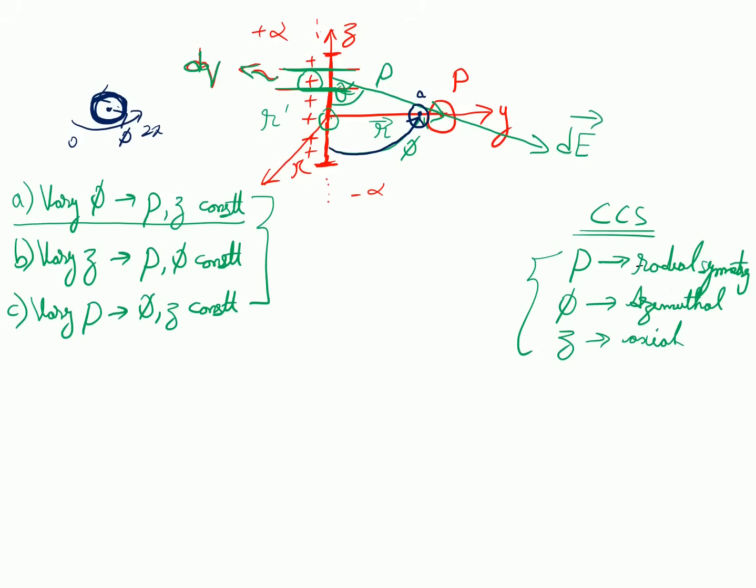So it is not going to affect the value of the electric field. This means for the first case, the E field is not going to vary. It is not going to change because it will just be rotating around its axis. By axis I mean its center point. So it is not going to be affected when we vary the phi.